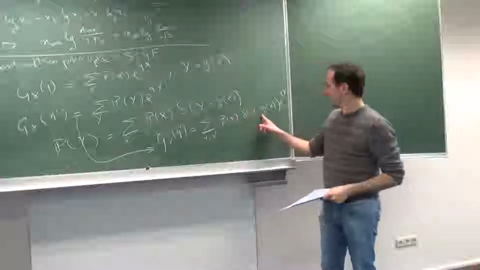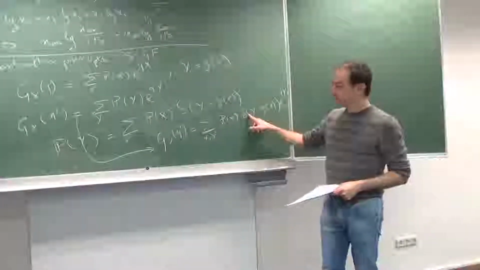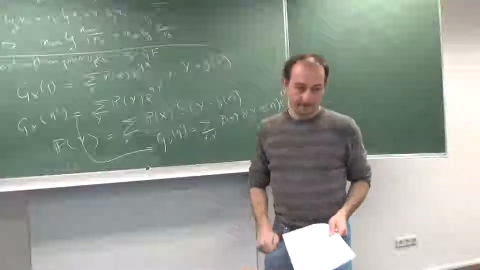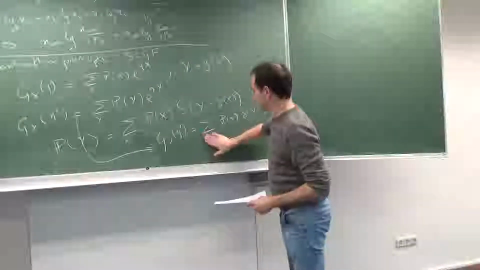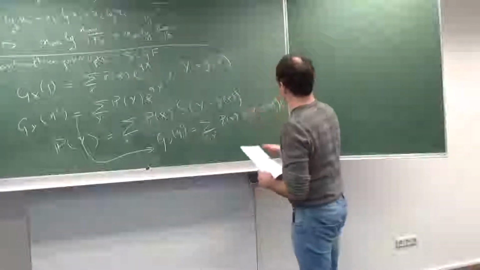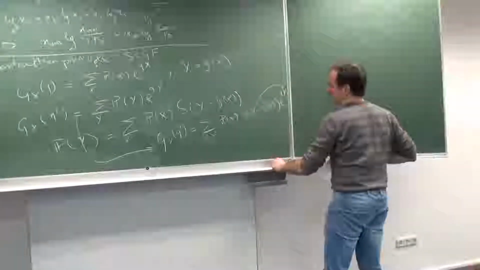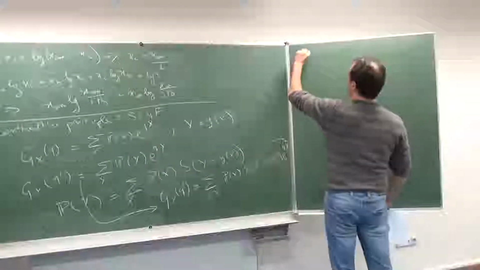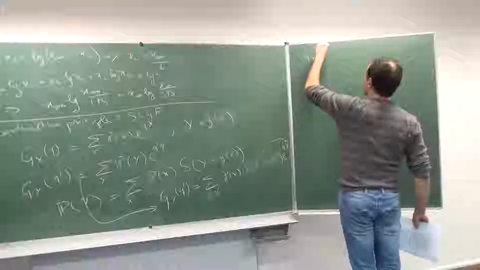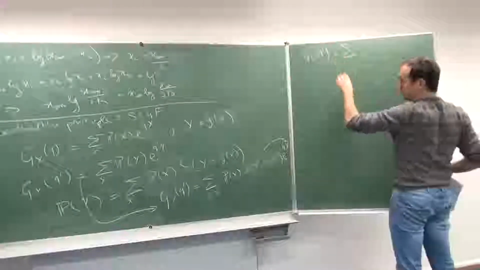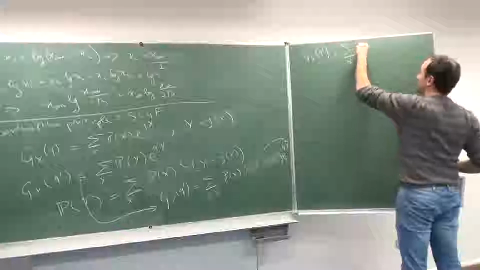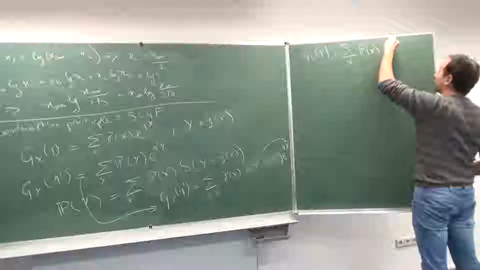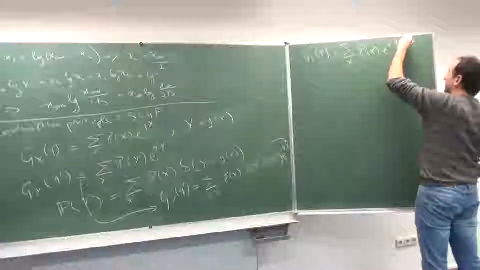But the sum over y acts with the delta, so we can discharge the delta and just plug the value into the expression of y, so we obtain the sum over x, probability of x, e to the q prime y of x.